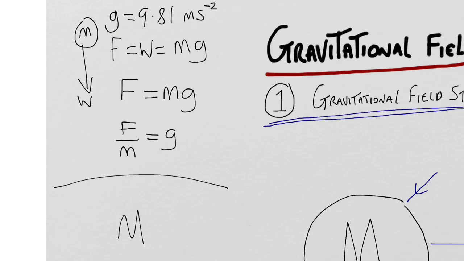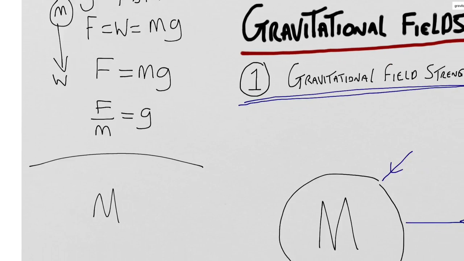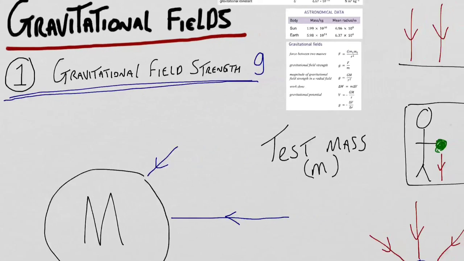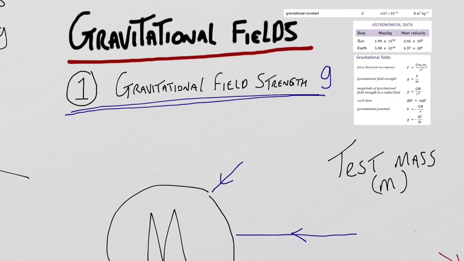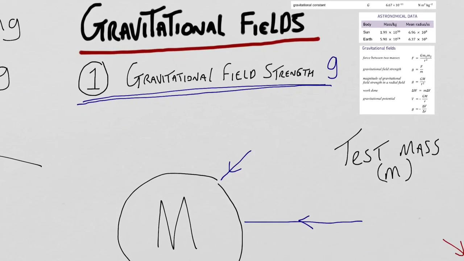It's worth mentioning, just lastly, that there are two ways of recording g. The correct way of recording g is the gravitational field strength, as measured in newtons per kilogram.